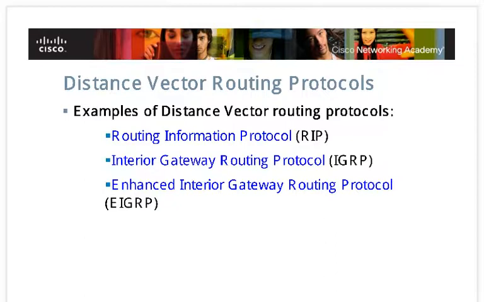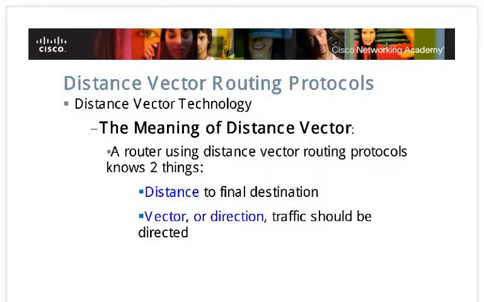And we said that in vector routing protocols, the main feature is that the route is defined by both a distance and a direction: a distance to the final destination and a direction. We gather this information through periodic updates between the different routers.